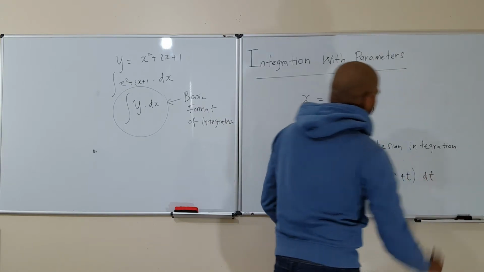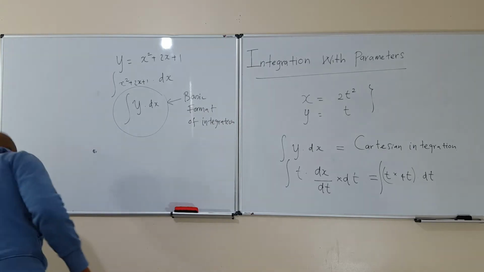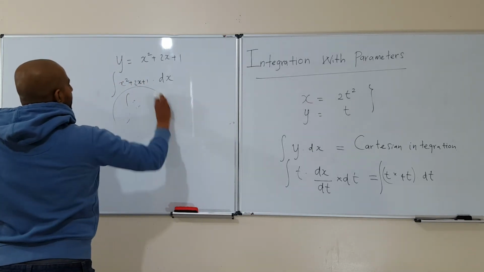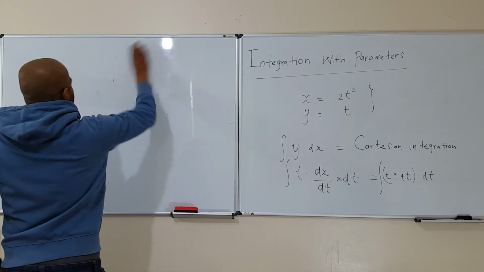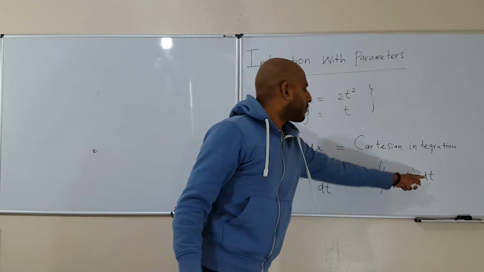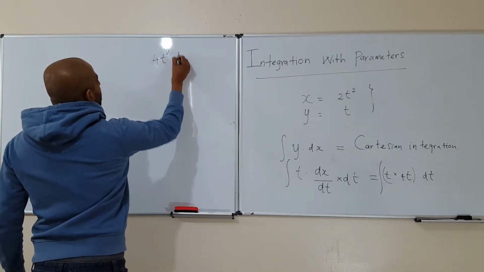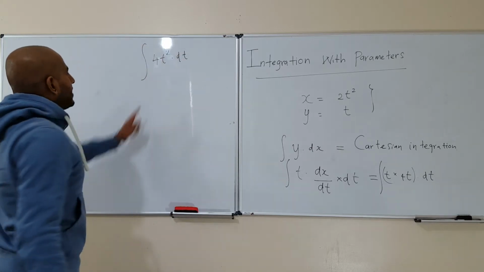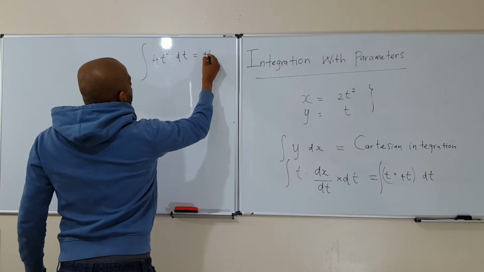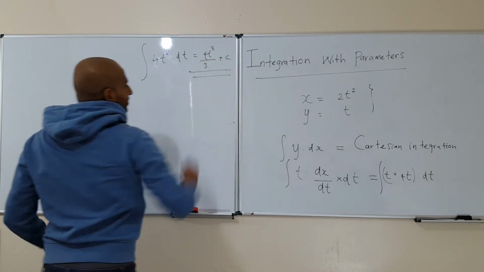Now I can integrate this easily. What I have is 4t squared dt. When you integrate that, we get 4t cubed divided by 3 plus c. That's it. It's pretty simple.